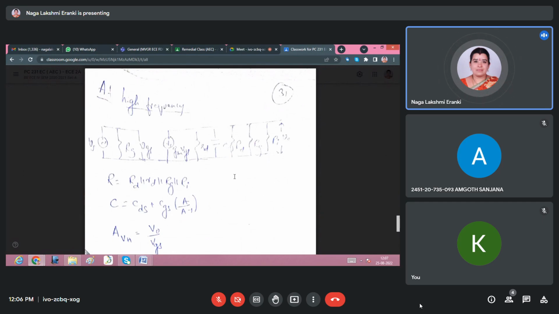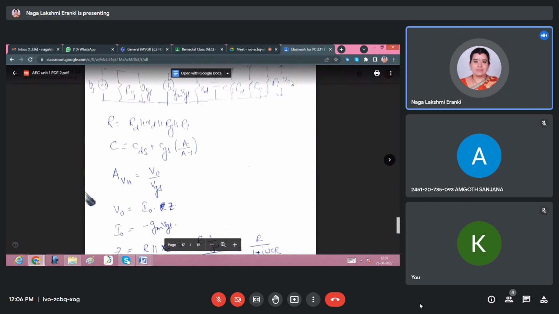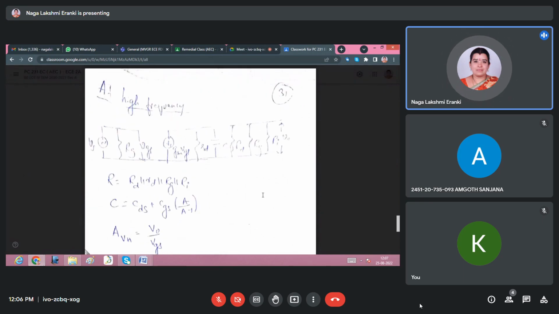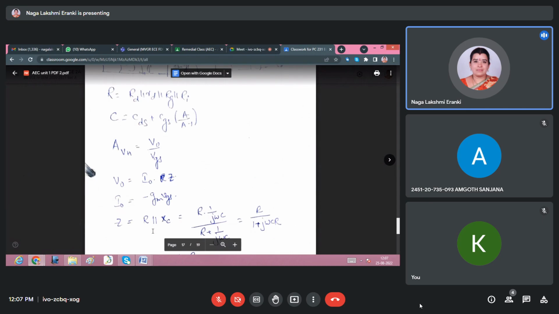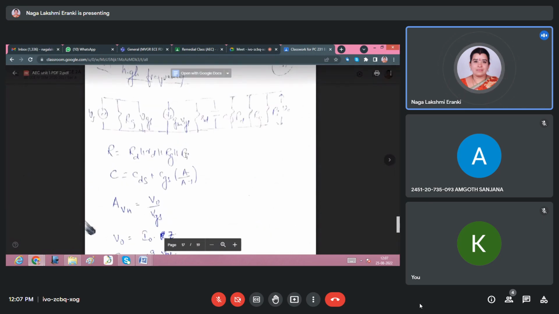So the gain at high frequency will be V0 by Vs, V0 by VGS. V0 equals minus gm VGS into Z, where Z will be equal to R parallel to XC. Suppose all of this is R, with 1, 2, 3, 4 resistances.